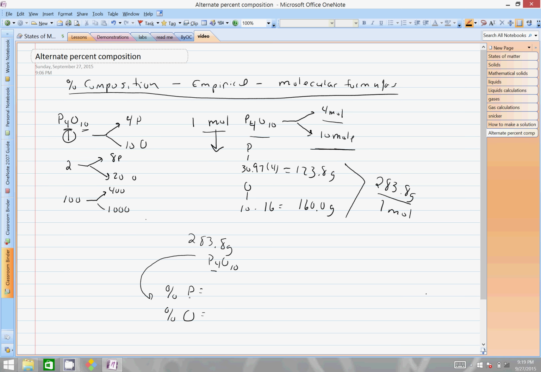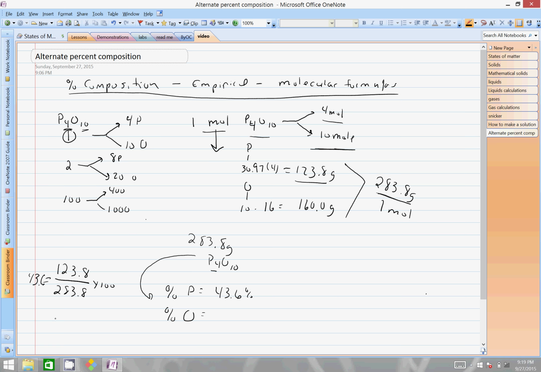To get the percent mass phosphorus, I'm going to take the 123.8 divided by the total 283.8, times 100, which gives me about 43.6%.